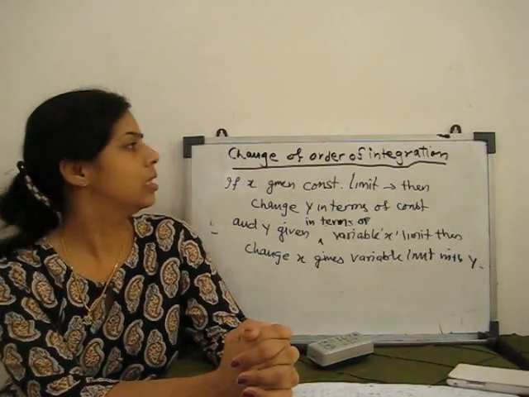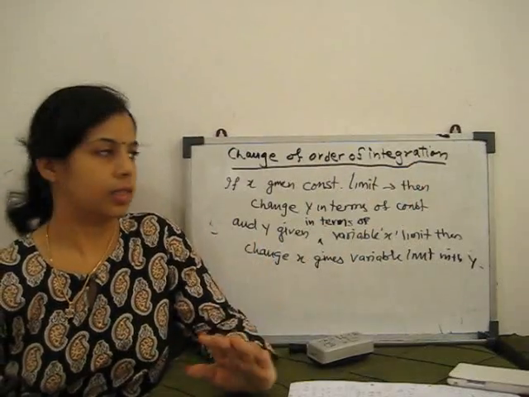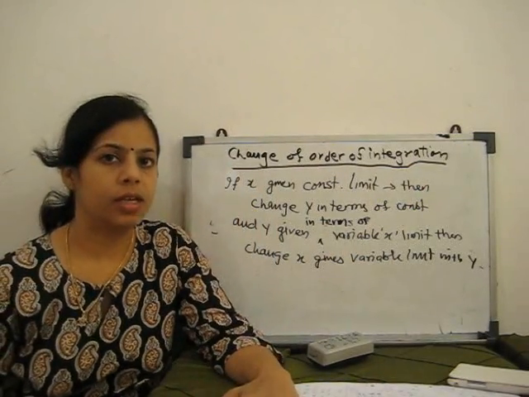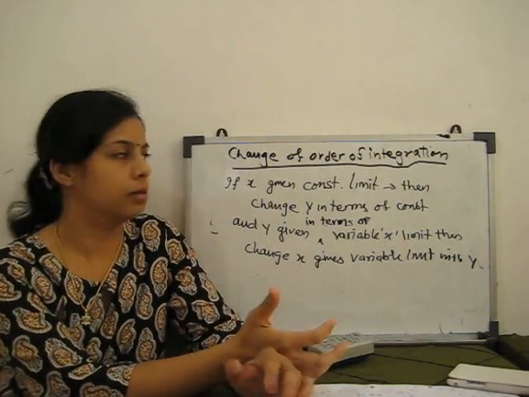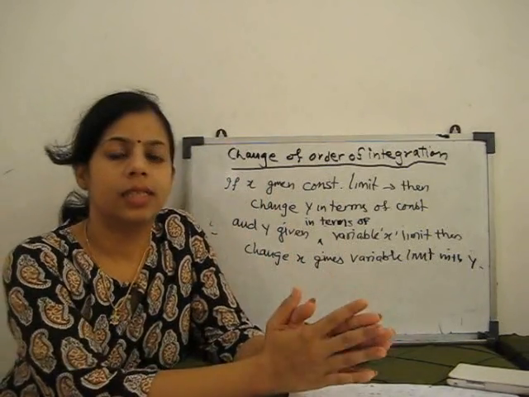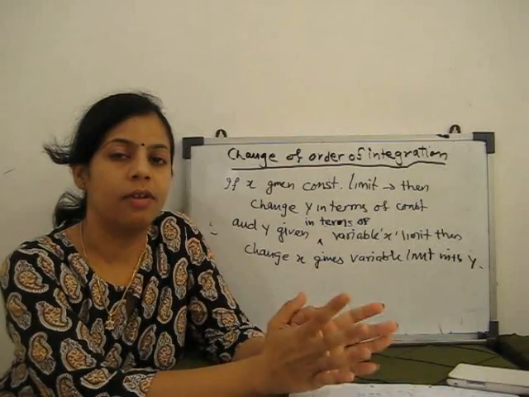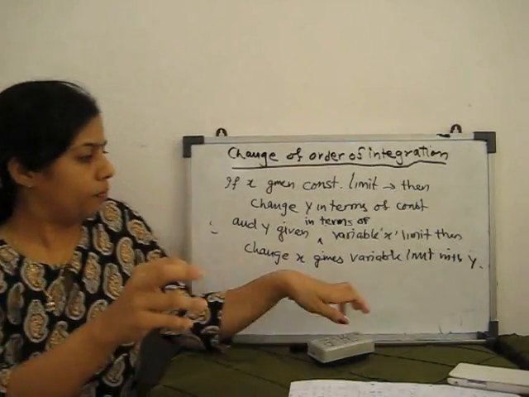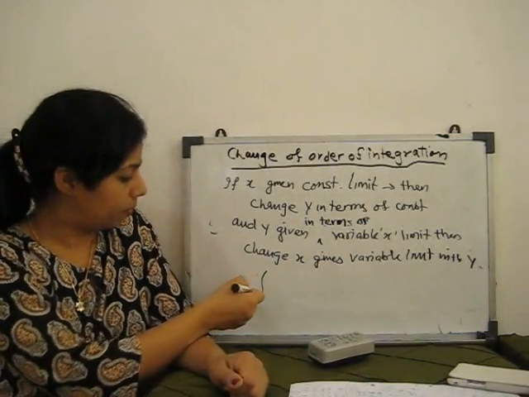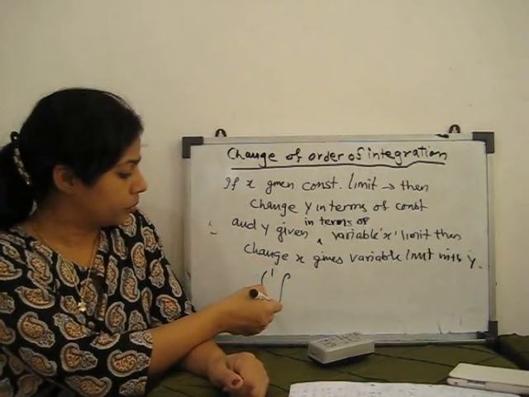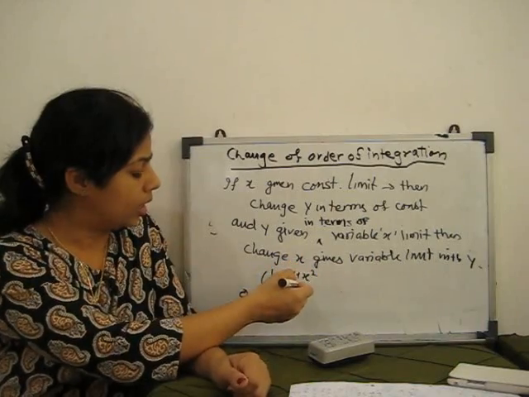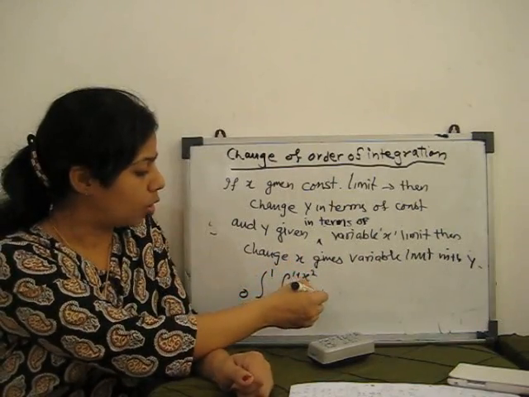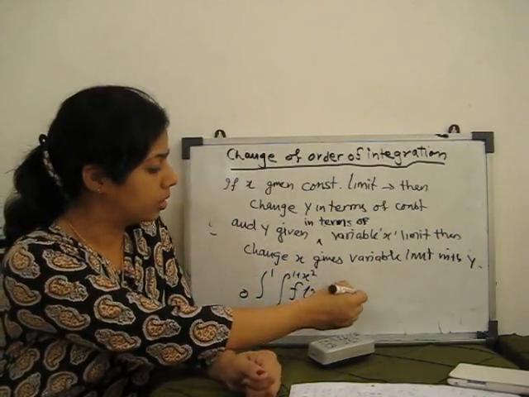Next is change of order of integration. What is change of order of integration? In my terms, if the limit of x is given as constants, for example our question is the integral from 0 to 1, a to 1 plus x square, of a function f(x, y) dx dy.